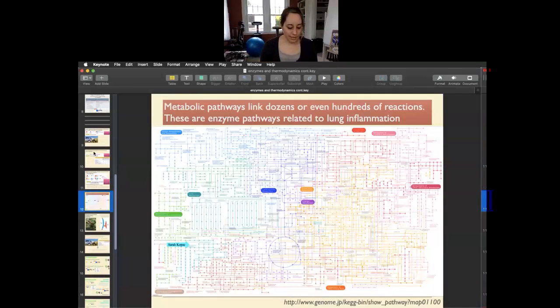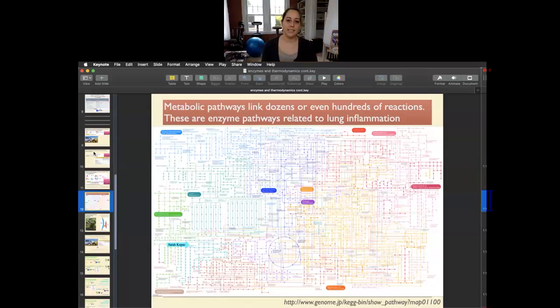So I love this slide. If you don't have a high quality connection, you might not be able to see it well, so you might want to go and look at the slides afterwards just to look it over. This slide shows the metabolic pathways just for human lung inflammation. So not even normal lung function.